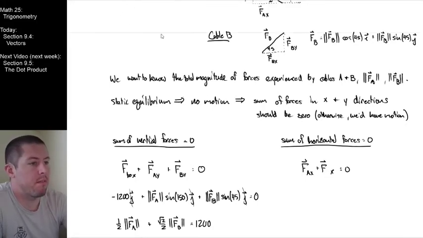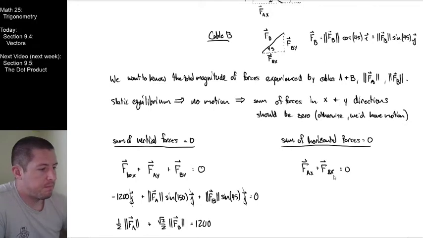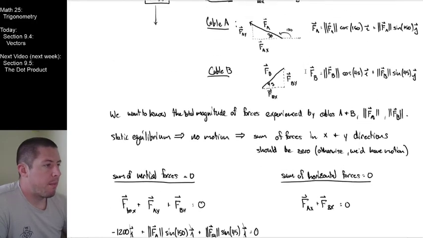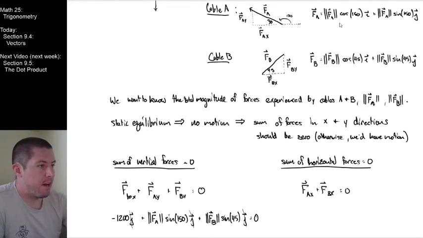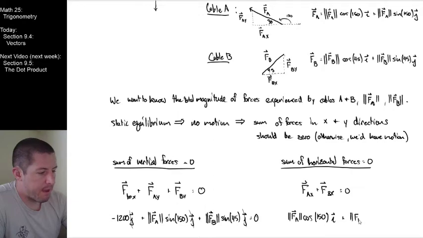FAX is the magnitude of the force experienced by cable A times the cosine of 150, and that's my I component, plus the magnitude of the force experienced by cable B times the cosine of 45. That's also an I component.